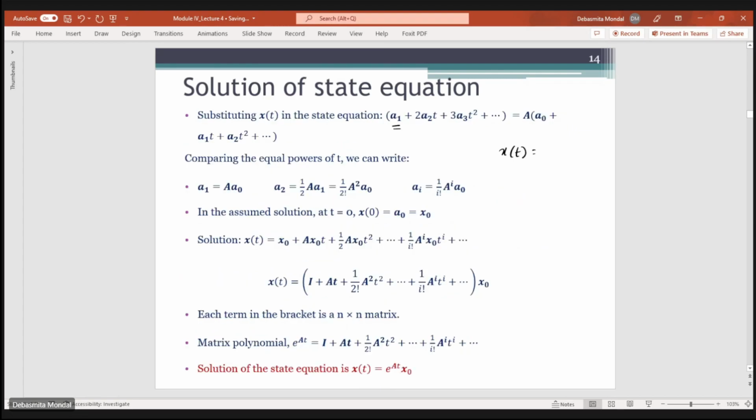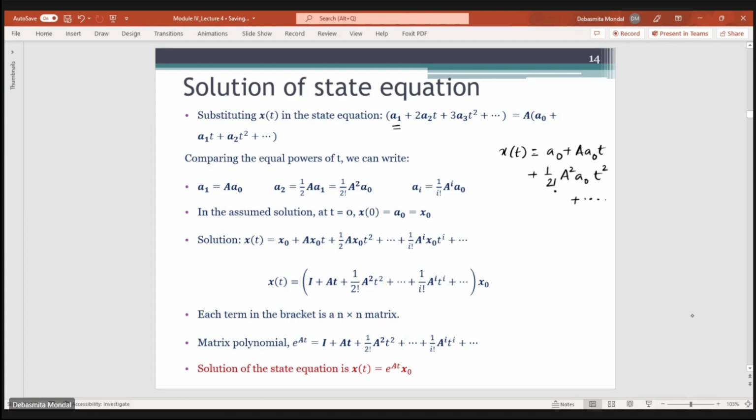So x(t) will be equal to a0 plus a1, which is A into a0, into t, plus a2, which is 1 by 2 factorial A square into a0 into t square, plus so on and so forth.